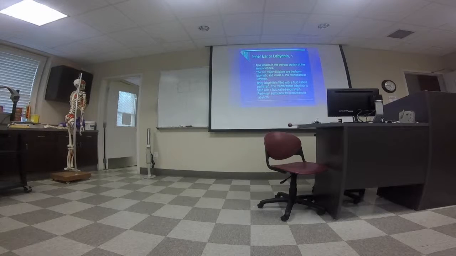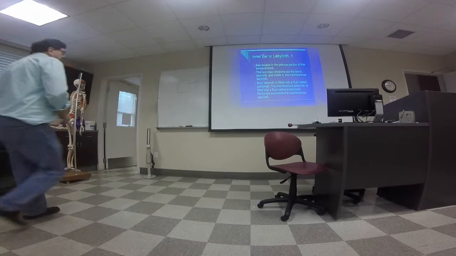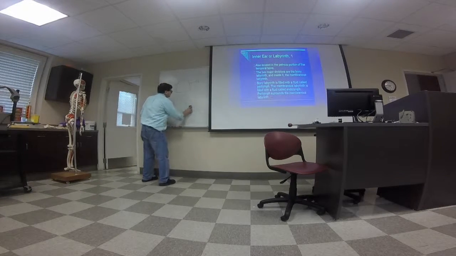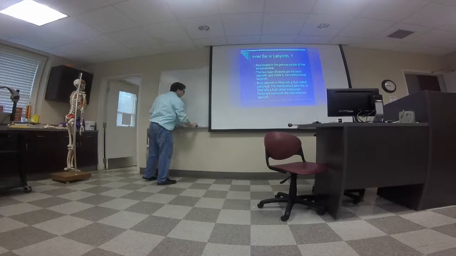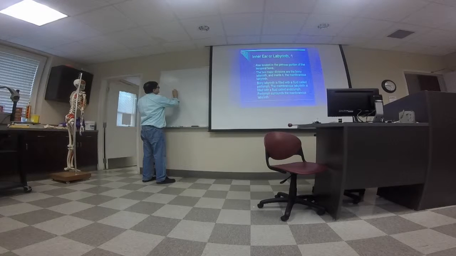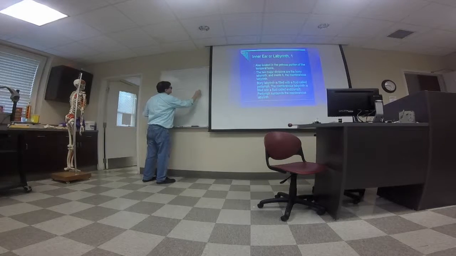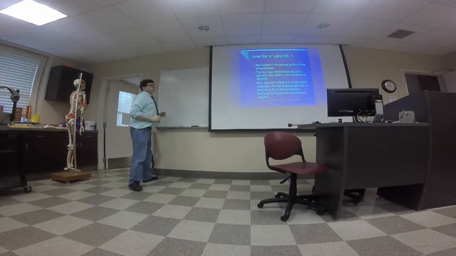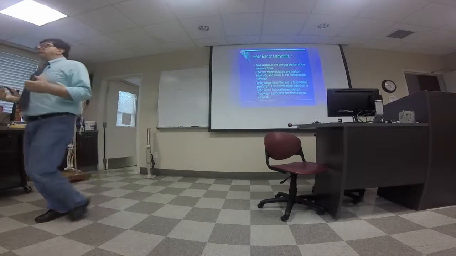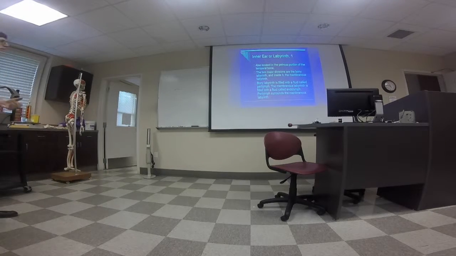So, for instance, we said that snail-like structure, which is part of the bony labyrinth, is called a cochlea. And it kind of looks like this. It's got a lot of curves. Okay? That's just a space inside of the petrous bone. We're representing it in this model by this little cast here.